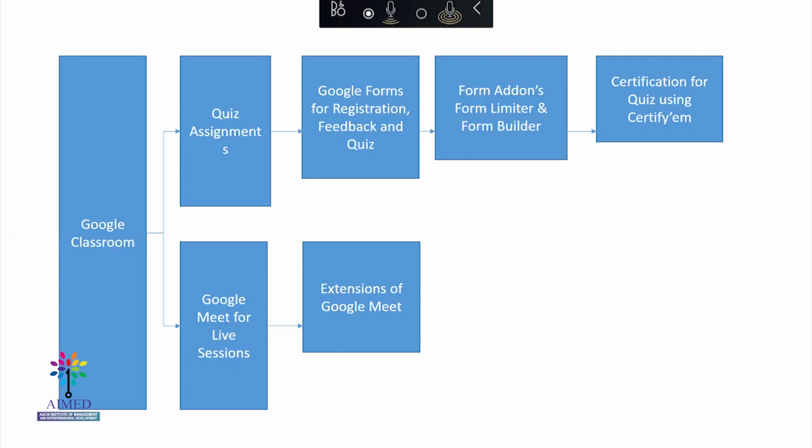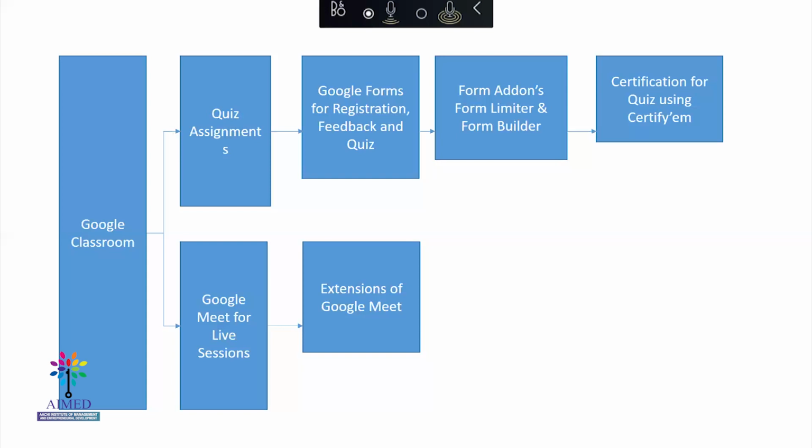And we have seen add-ons for MathType, EasyBib, and also for translation. And after that, we have seen how we can generate certifications for the quiz or exams we have conducted. And in the last day of the session, we have seen about Google Meet and how we can work on live sessions and what all the extensions we can use in Google Meet.